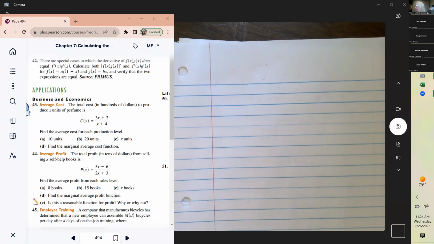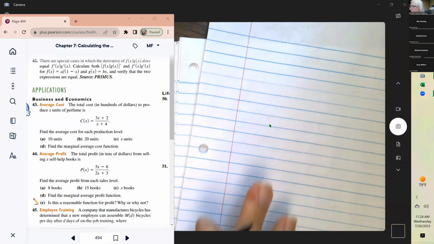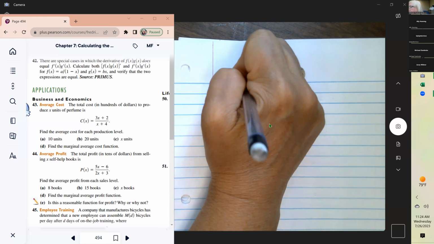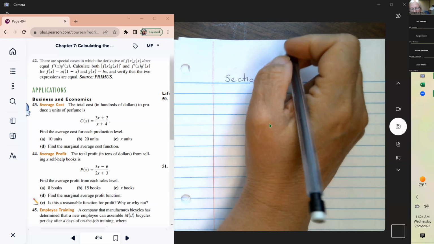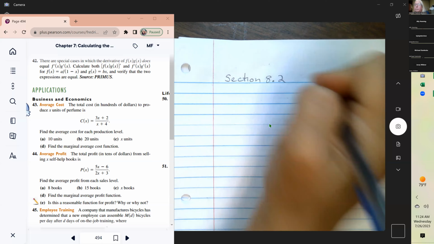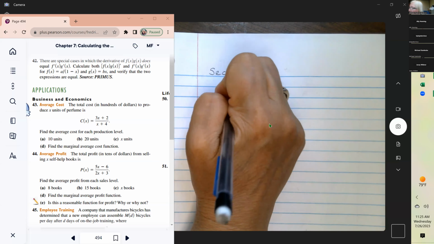Chapter 8. We only cover 8.2. And some of the story problems we've been doing, it's just what it covers. 8.2 works with critical numbers.